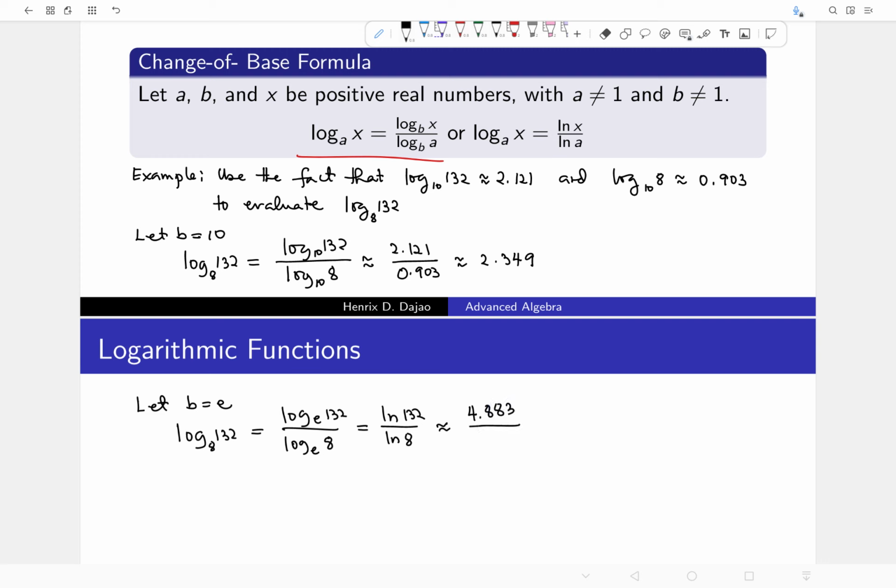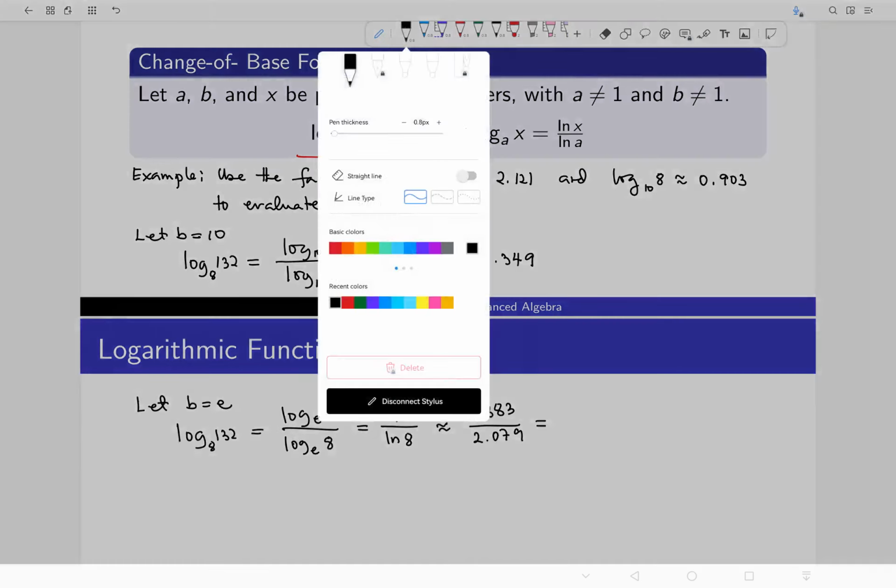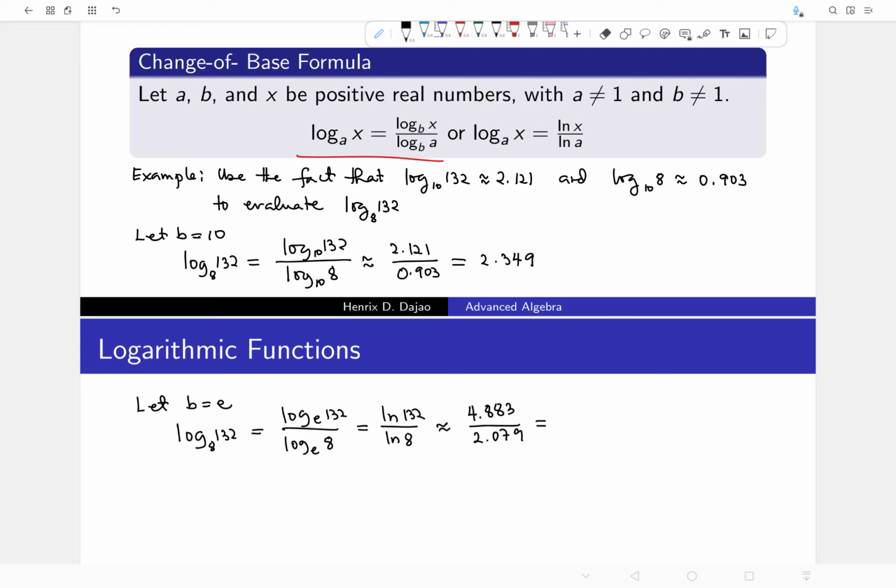We will use only 3 decimal places. ln 8 is 2.079. Now we will divide 4.883 by 2.079.